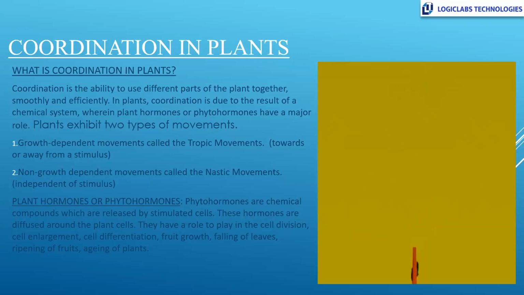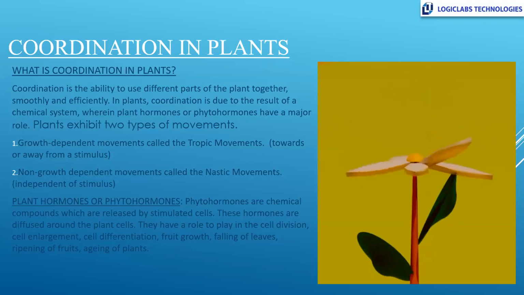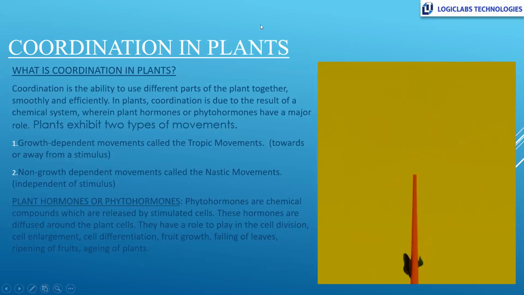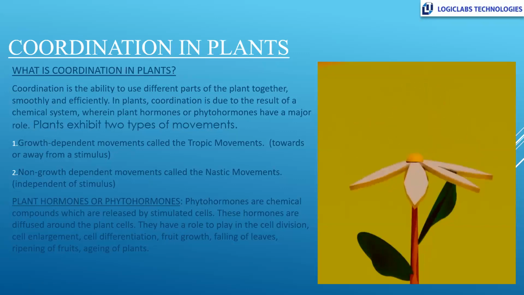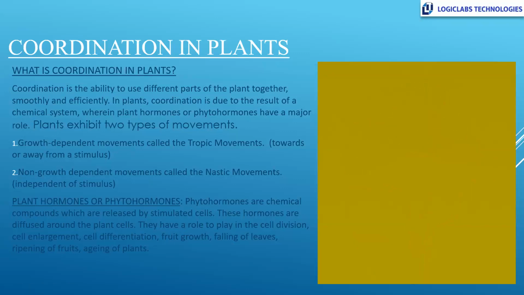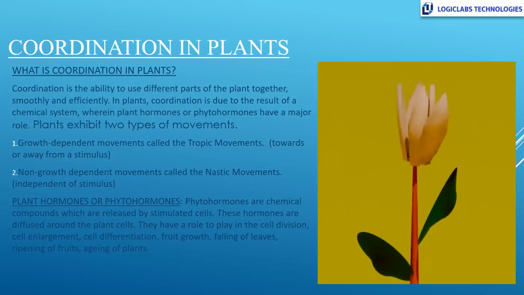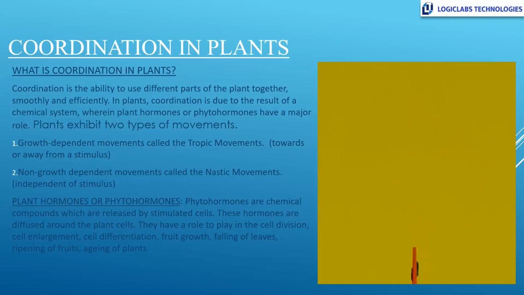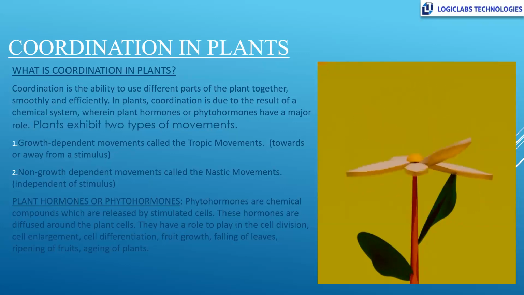Now, growth, movement which is happening due to growth. So we already have seen that growth dependent movements are called tropic movements, which respond to that particular stimulus. Like we have the pea plant, which climbs up, because it's a climber, it takes the support of other plants. We are calling them tendrils.